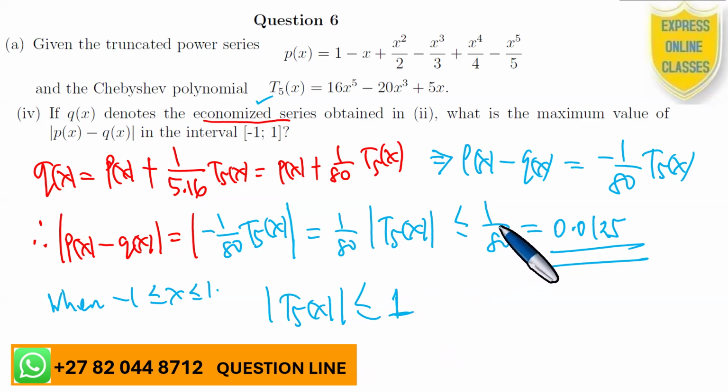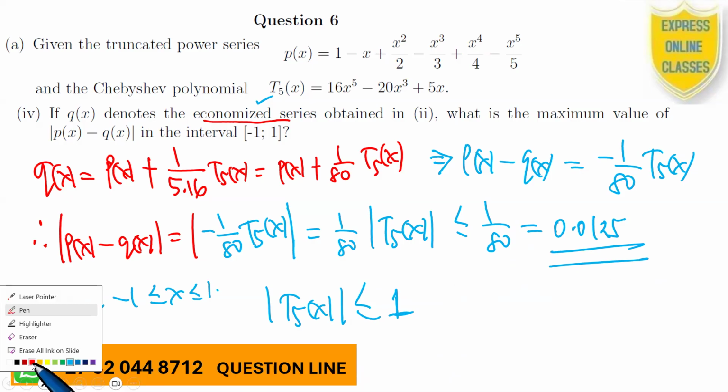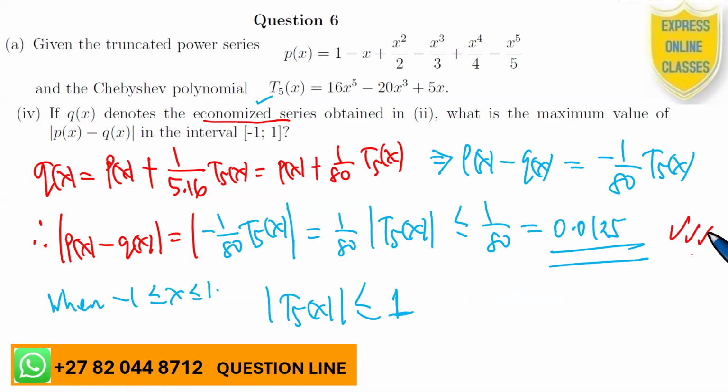As a consequence, this becomes exactly the result. Okay, take note of this. So the maximum value of the difference between the two functions in the interval -1 to 1 is 0.0125.